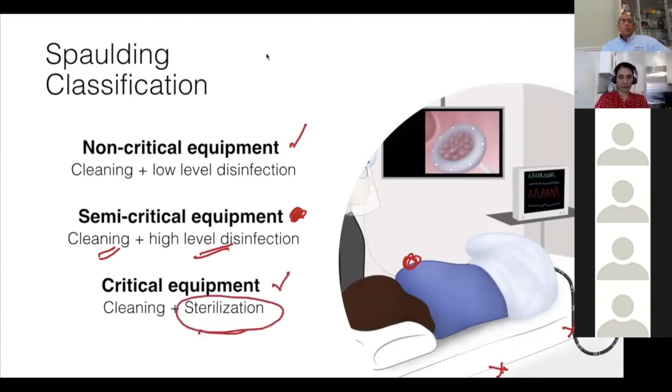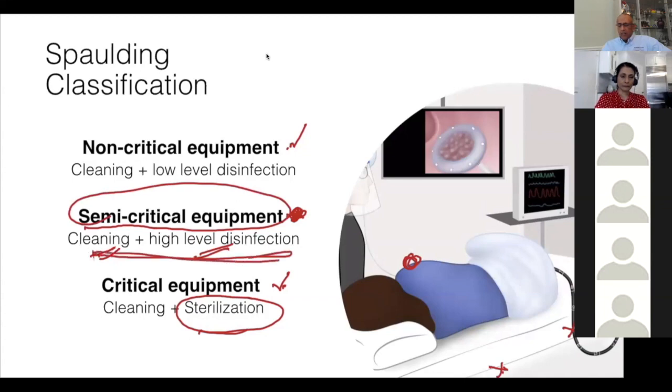That's the reason why those pieces come in a sterilized packet, and they're usually single use. So we understand the three concepts: non-critical equipment, semi-critical equipment, and critical equipment. And the endoscope belongs to semi-critical equipment, where you perform high-level disinfection.